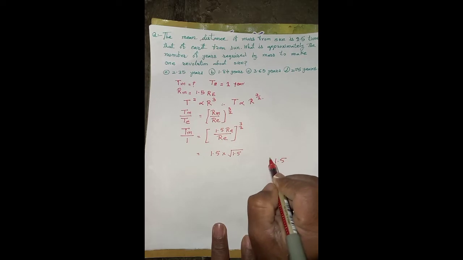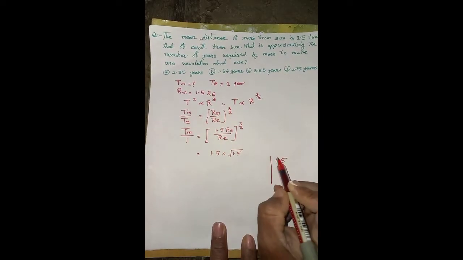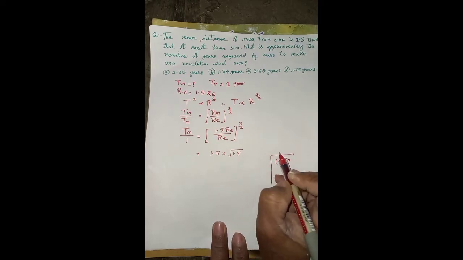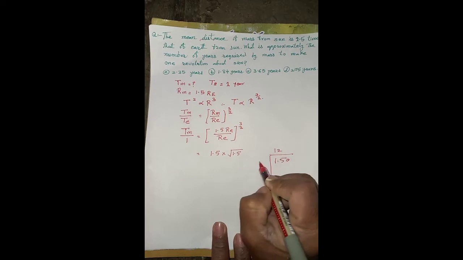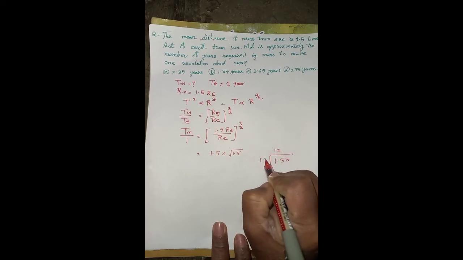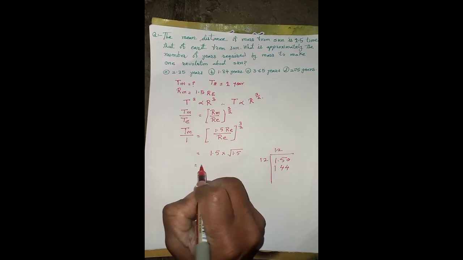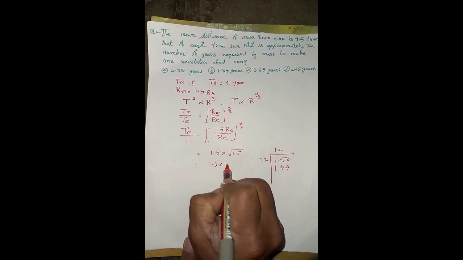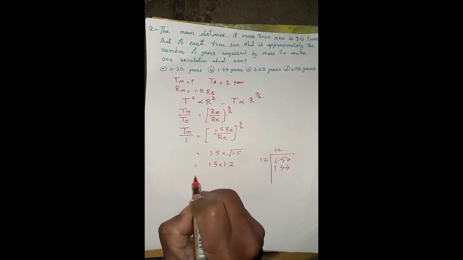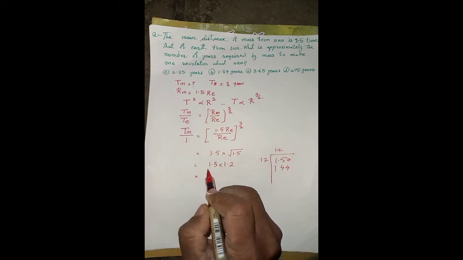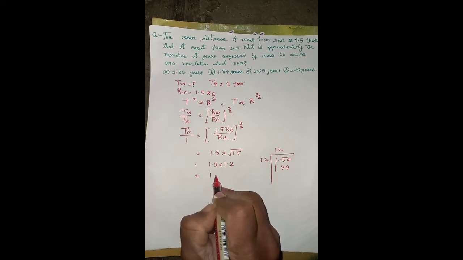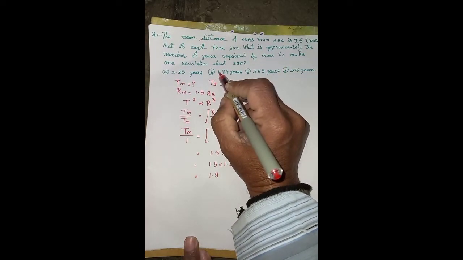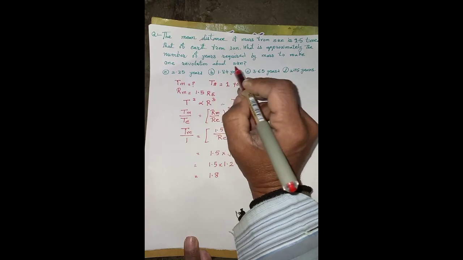Now we find a square root of 1.5. Take 1 0 and 150. The nearest square of 12 is 144. 1.5 into 1.2, that is 15 into 2 is 30, 15 and 3 18, that is we get our answer 1.84 years.